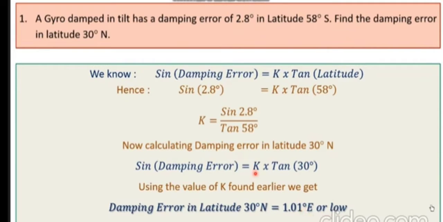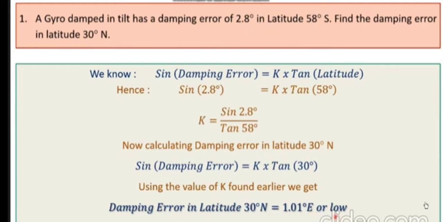As you put the value of K in the calculator, it will give you the magnitude as 1.01 degrees. And we are aware that the damping error is always east or low in northerly latitudes. The latitude which is given to us is 30 degrees north, hence the gyro error is also east or low.